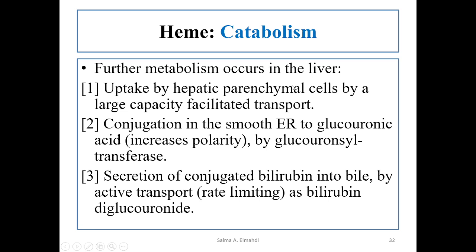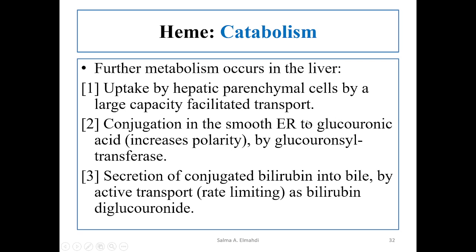We said heme catabolites reach the liver. The liver will uptake the products using hepatic parenchymal cells by a large capacity facilitated transport. And this is one of the major roles of the liver regarding metabolism. And after uptake to the inside of the cell, intracellularly, there is again conjugation in the smooth endoplasmic reticulum with glucuronic acid, which increases its polarity.